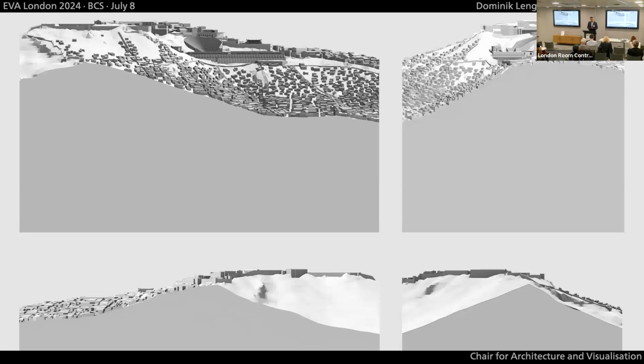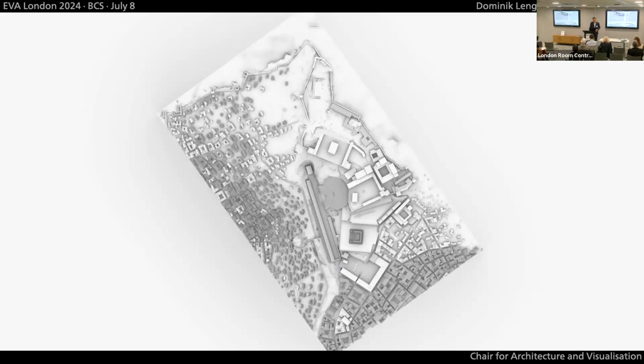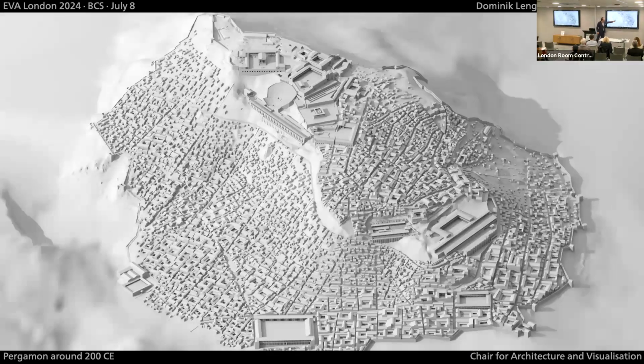But we are in the discussion of making this, taking the chance that this model is abstract anyway, to demand from the visually impaired visitors to be challenged in a positive way by the detailedness of the model, in the hope that after some time they would learn to feel the difference between city texture, like this one, and larger structures that just have a completely different setup. And that's the hope, and this is what the museum wants to try, in a sense, against the rules of visually impaired instructory tactile models.